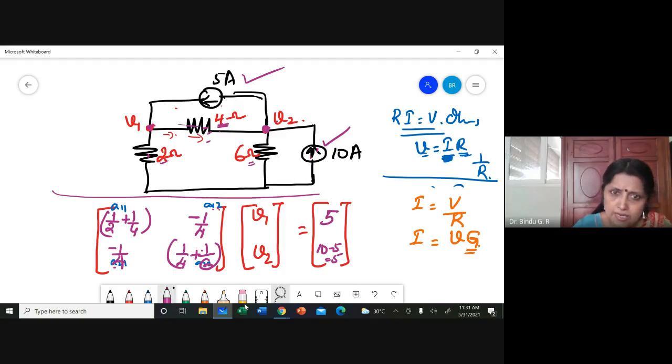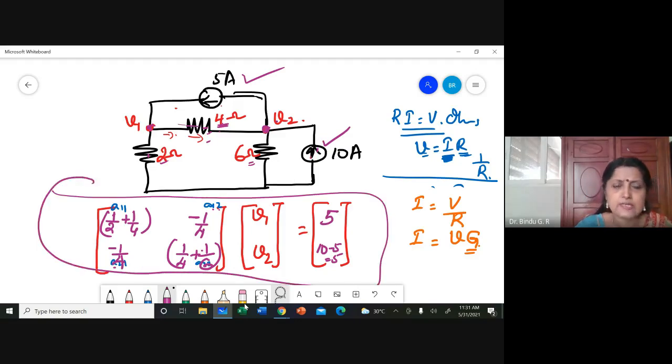Now, if you calculate V1, V2 using this matrix equation, and if you calculate using the previous equation, they are one and the same. You will get the same answer. This is by inspection. The other was from after writing the equation. From the equations, you arrived at the matrix equation. Similarly, in mesh current also, you can directly write A11, A12, etc. from the resistances, or else you can use KVL there, write the equations, and from the equations you come to the matrix equation. I hope this is clear to you.